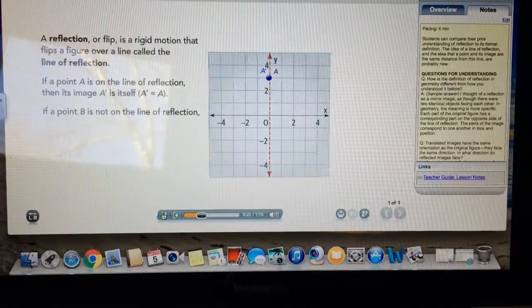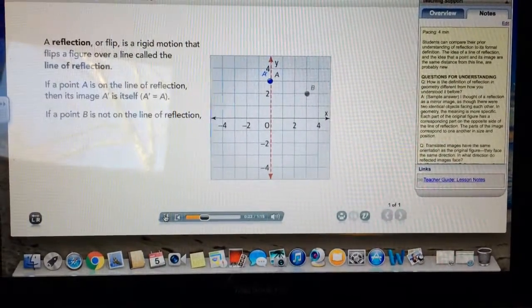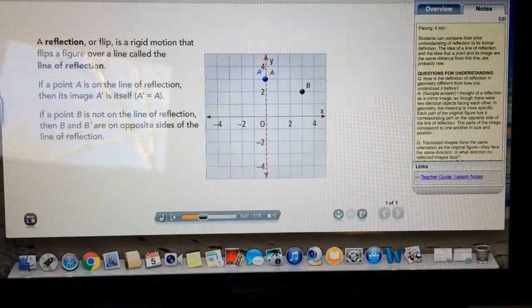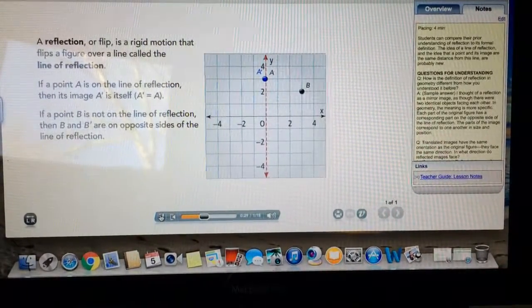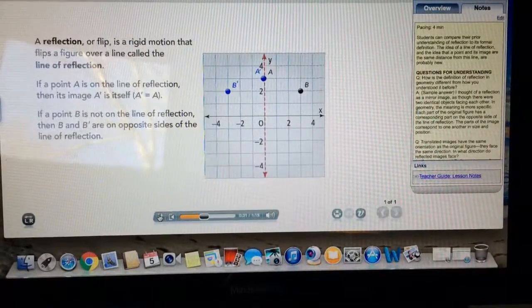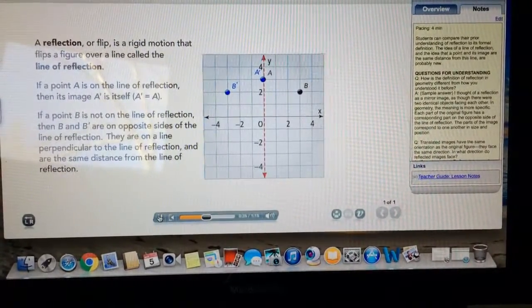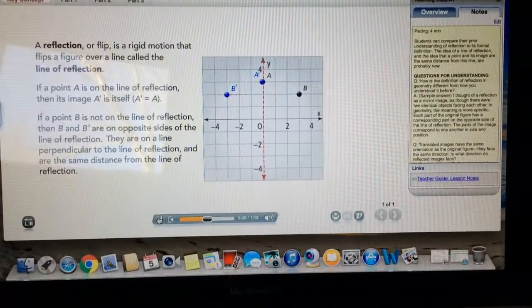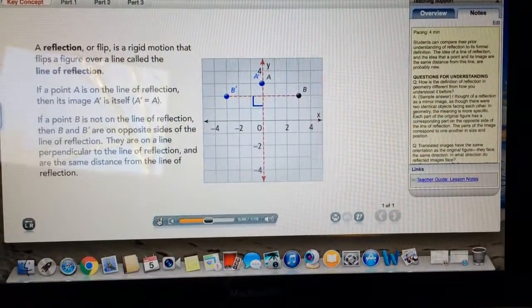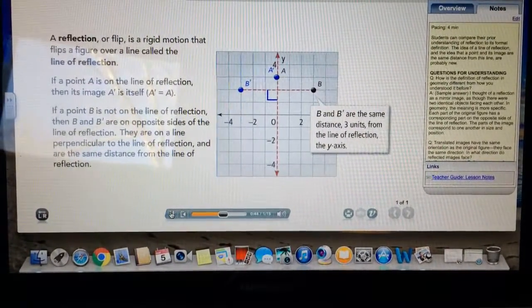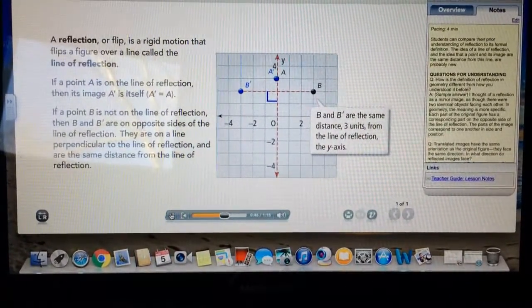If a point B is not on the line of reflection, then B and B' are on opposite sides of the line of reflection. They are on a line perpendicular to the line of reflection and are the same distance from the line of reflection. B and B' are the same distance, 3 units, from the line of reflection, the y-axis.